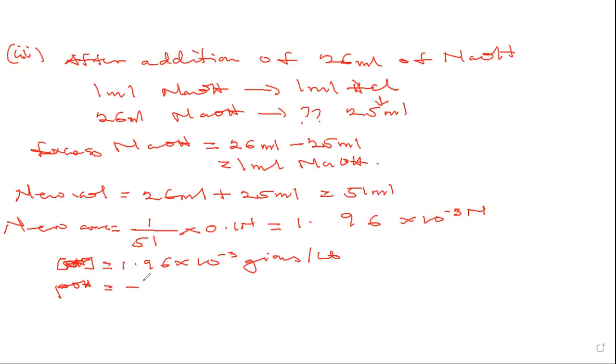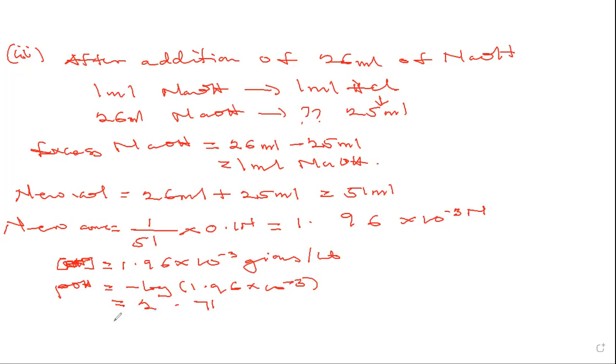So our pOH is now equal to negative log of 1.96 times 10 to the power negative 3. And by punching that on our calculator, we are going to get 2.71 as our pOH.